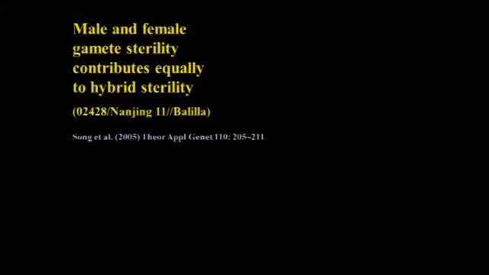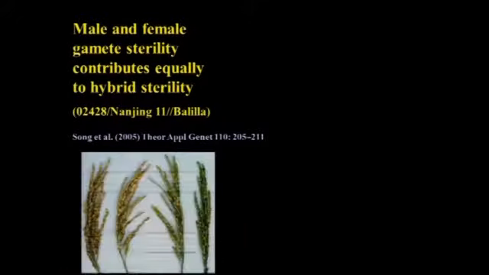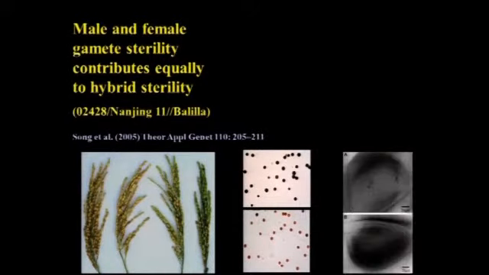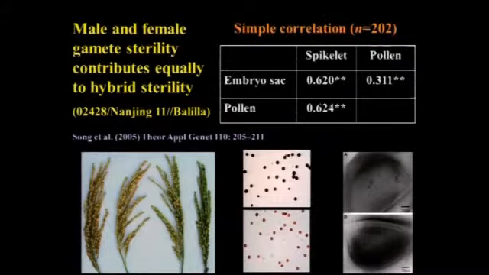Then if we do a quantitative analysis to see the extent of the problem and the contributions of the two components, the correlation between embryo sac fertility and spikelet fertility is 0.6. The correlation between pollen fertility and spikelet fertility is 0.6.